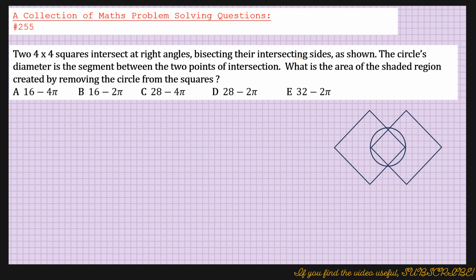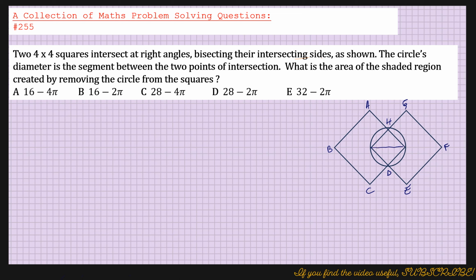So I would name them A, B, C, D, E, F, G and H, and I'd also draw the diameter first.